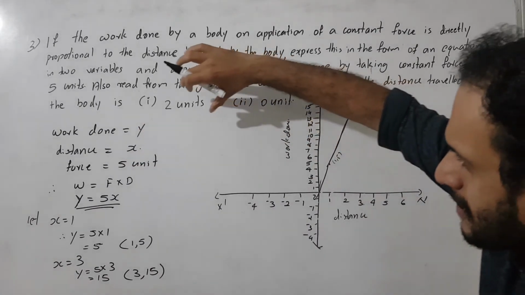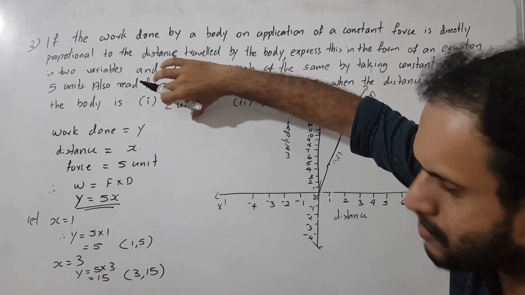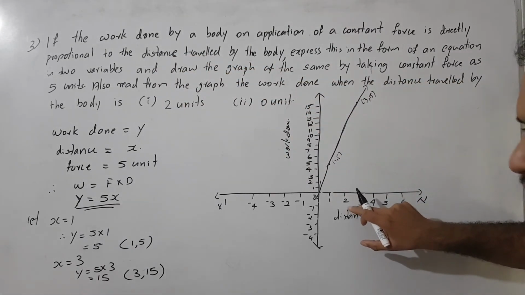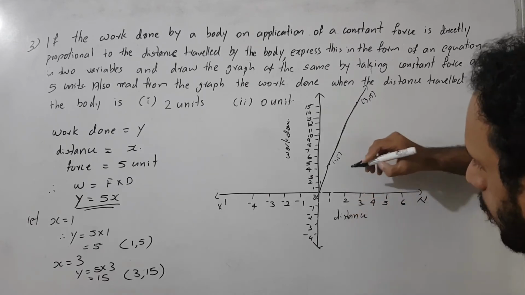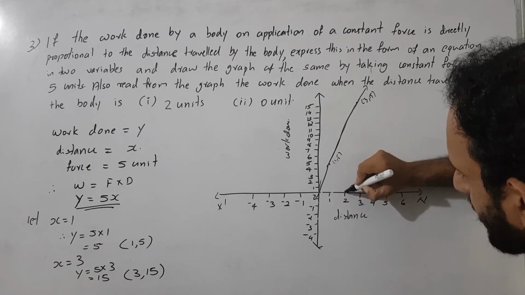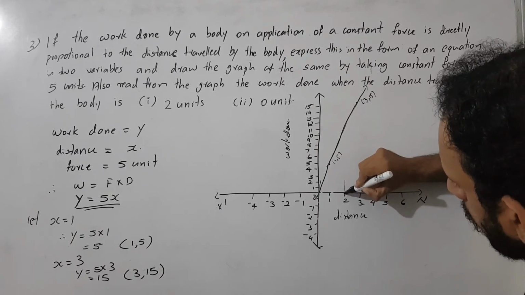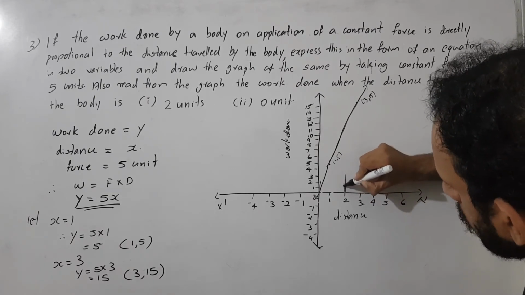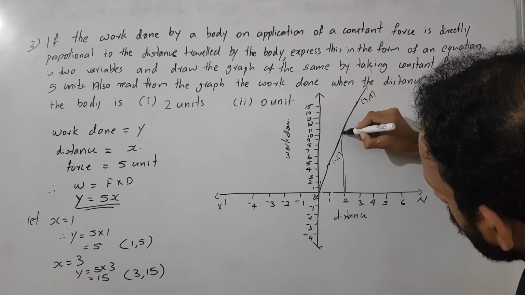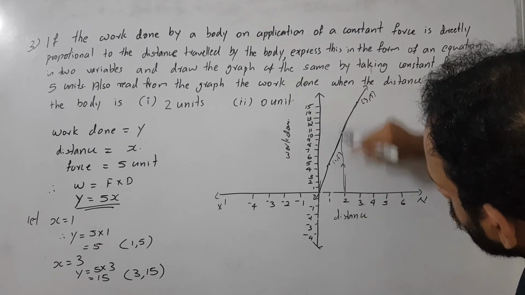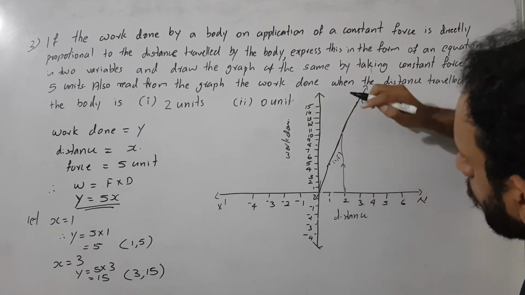Okay, these 2 units are the distance traveled by the body. The distance is represented by the x axis. So we start from 2 units on the x axis. Then we just draw the line up until it meets the graph at one point, with an arrow mark like this, because we start here.